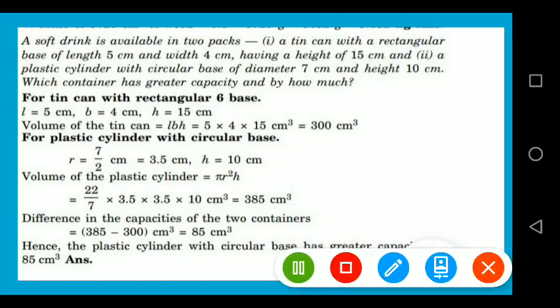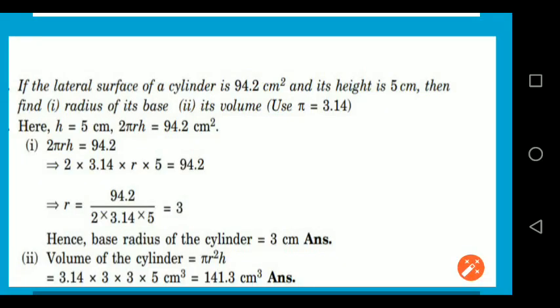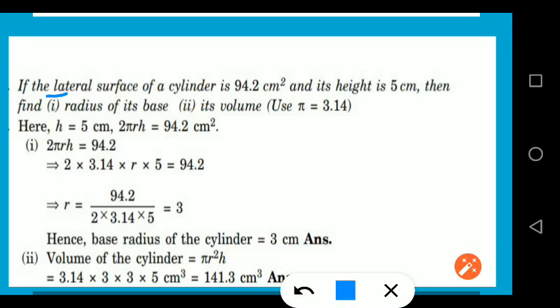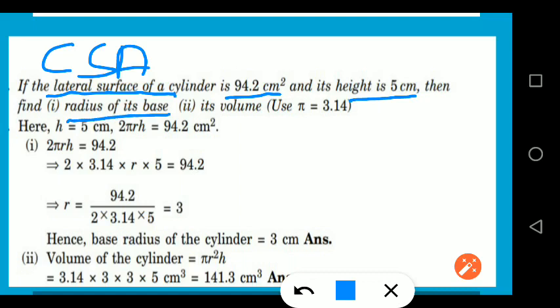Moving toward the next question. If the lateral surface area, what do you mean by lateral surface area? It is CSA, curved surface area of a cylinder is 94.2 centimeter square and its height is 5 centimeter. Then we have to find the radius of the base and its volume, and pi we have to use as 3.14. So tell me, what is the formula for CSA?